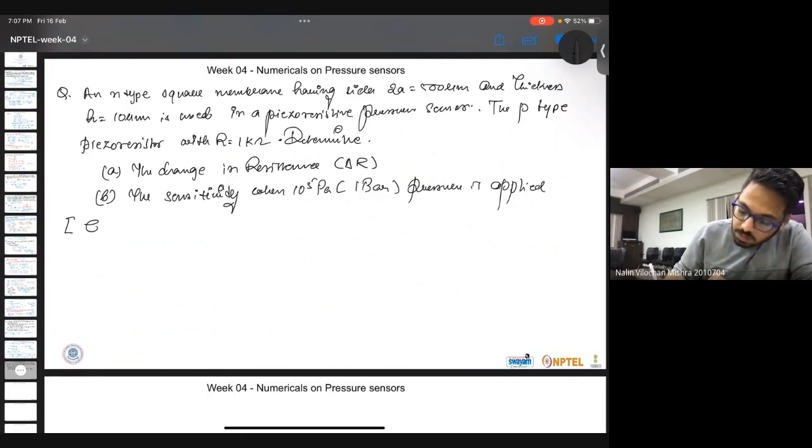The numerical values are given. G is 100, Poisson's ratio is 0.3, Young's modulus of silicon is given as 170 gigapascal, and input voltage is 1 volt. Please try.